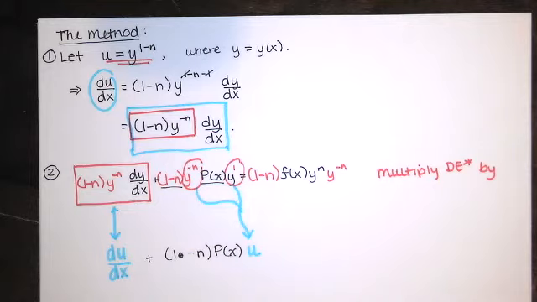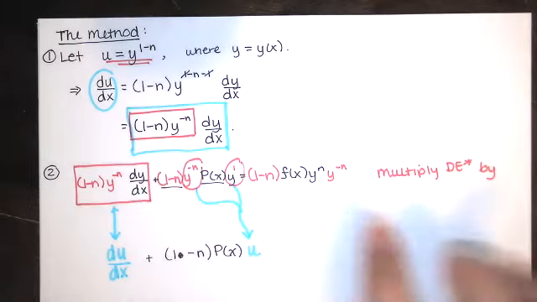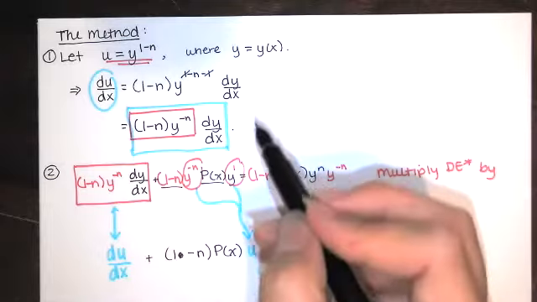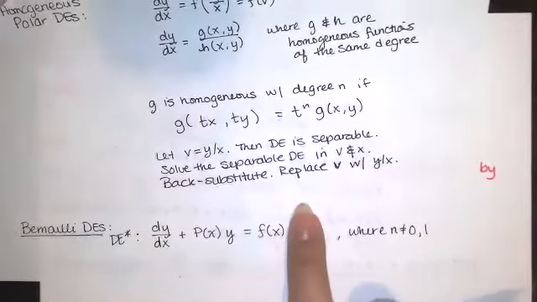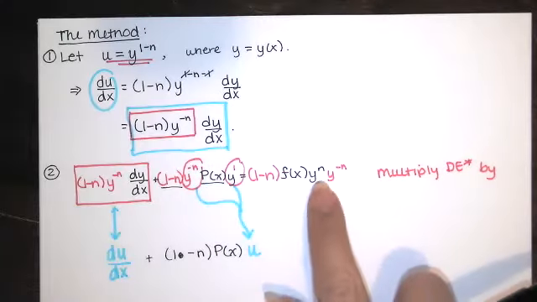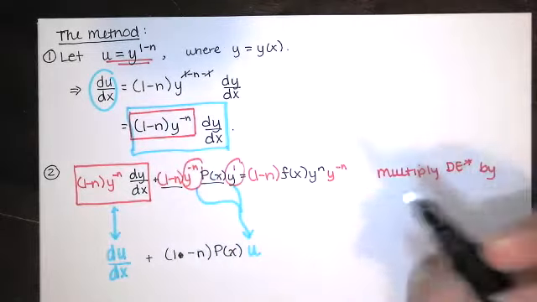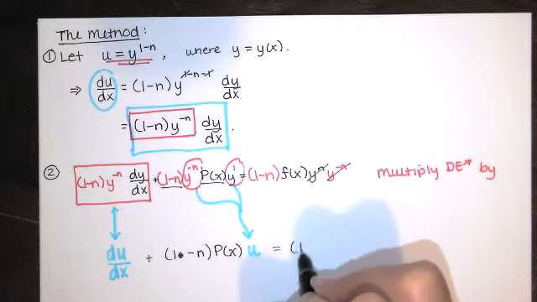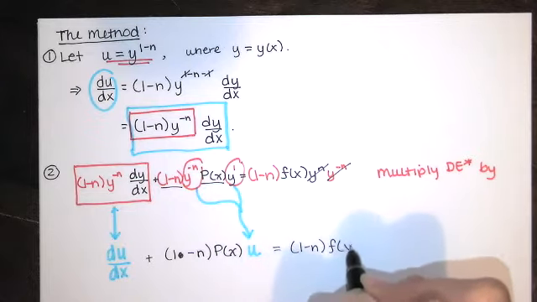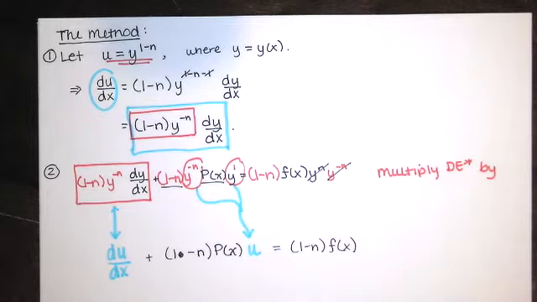And then here's the beauty of Bernoulli. He said, multiply by this and watch what happens. That y to the n on the right-hand side, which made this Bernoulli rather than first order linear. When you multiply by that y to the negative n from that piece, those guys are going to be gone, and you're just going to have a constant times the original function from the other side.